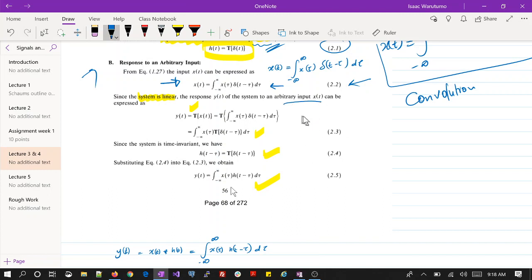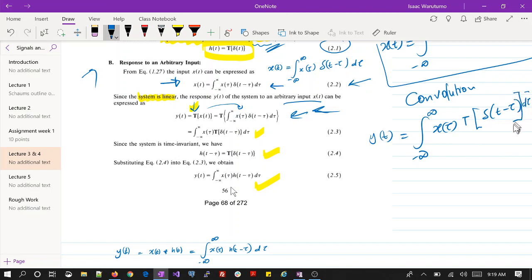From this equation, y of t is equal to what the system does to the input signal, described by the operator T. Since we described x of t with this integral, we can put the operator inside the integral, so that y of t is equal to the integral from minus infinity to infinity of x of tau, with the system then acting on the function delta of t minus tau, d tau.